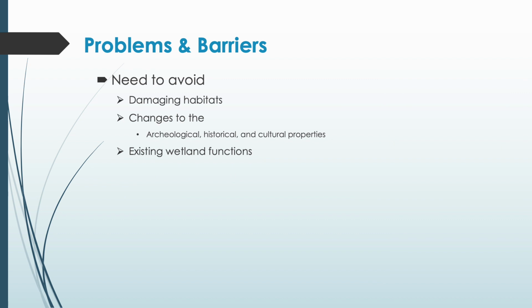Some problems and barriers that you need to avoid with this sort of management practice: you need to avoid damaging the habitats already there. Like I said, stream bank protection is meant to enhance the habitat already there.